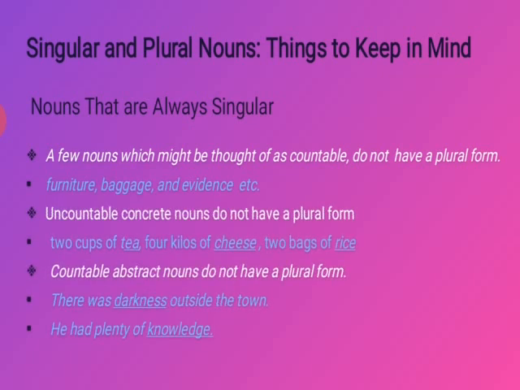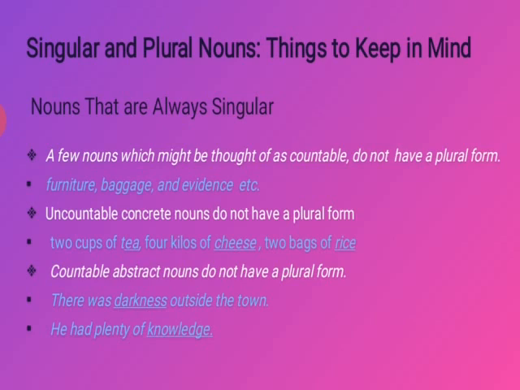Then another thing that you must keep in your mind is that there are certain uncountable concrete nouns that do not have a plural form, like 2 cups of tea, 4 kilos of cheese, 2 bags of rice. The number is used only as a measurement of these uncountable concrete nouns.